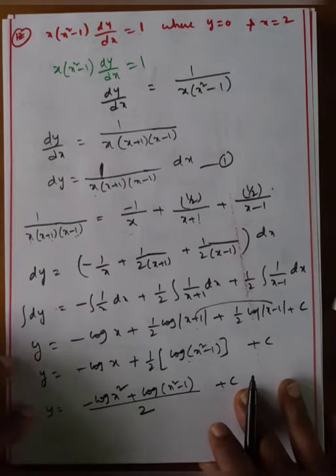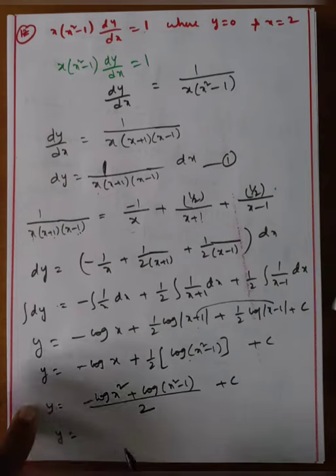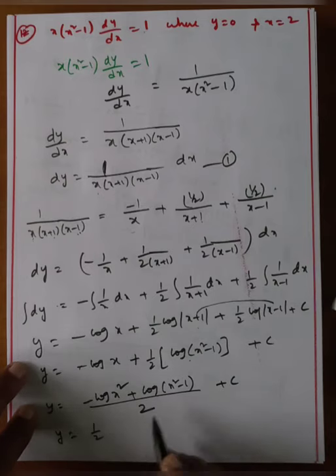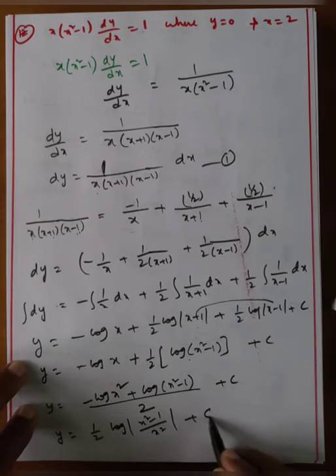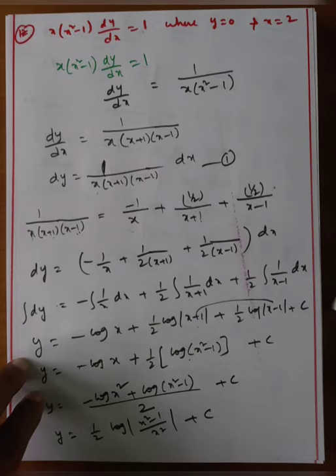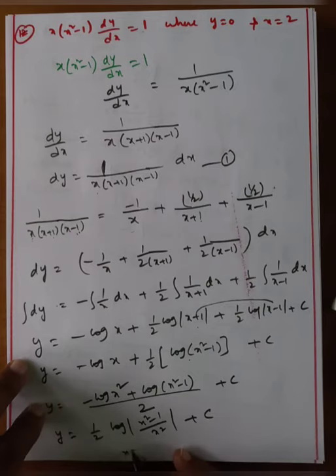Here, my dear students, y is equal to 1 by 2 into log a minus log b, that is log of (x square minus 1) by x square, plus c. What are the given values here? x is equal to 2 is given, comma, y is equal to 0.